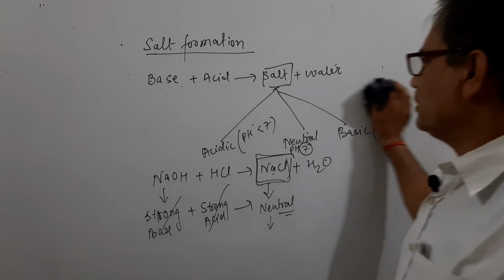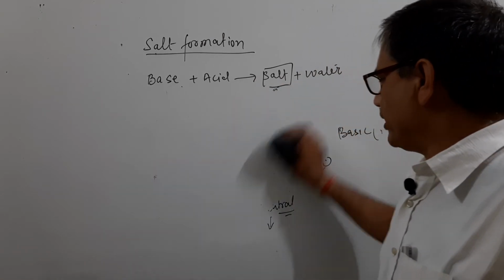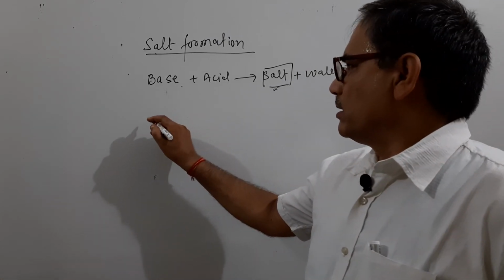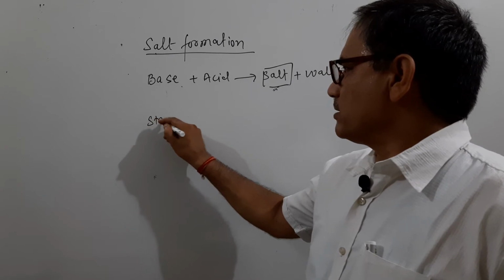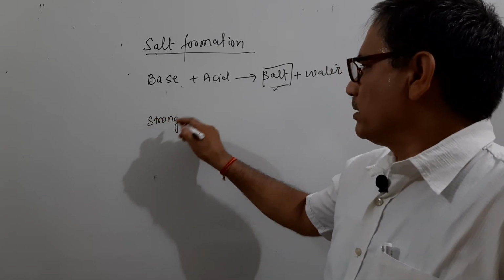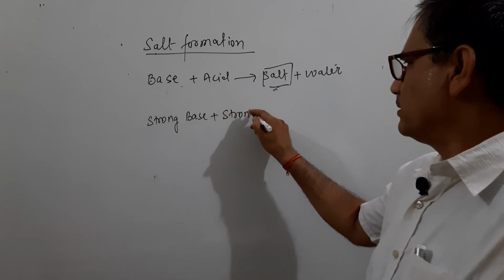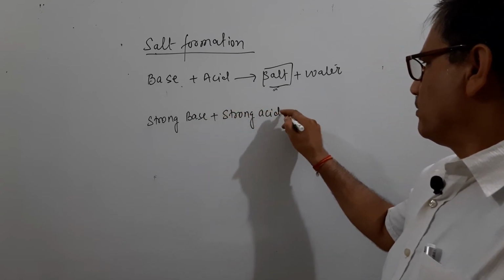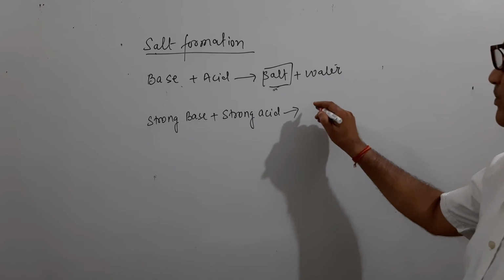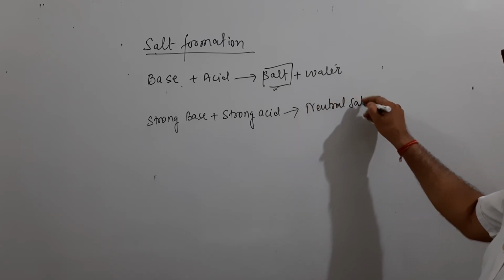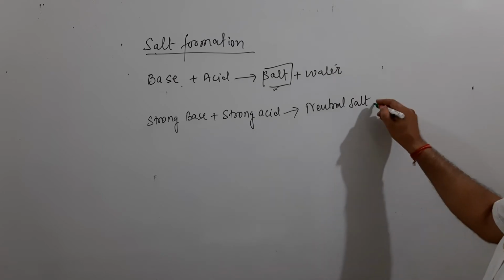And now how can we determine the nature of the salt? First, strong base plus strong acid form a salt which is a neutral salt plus water.